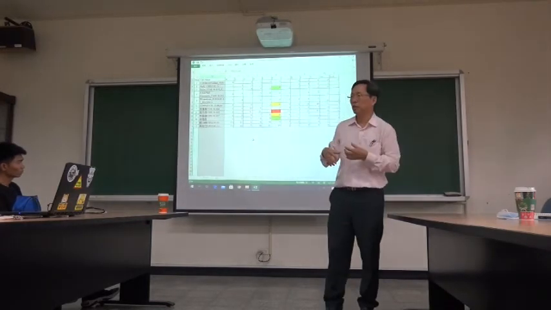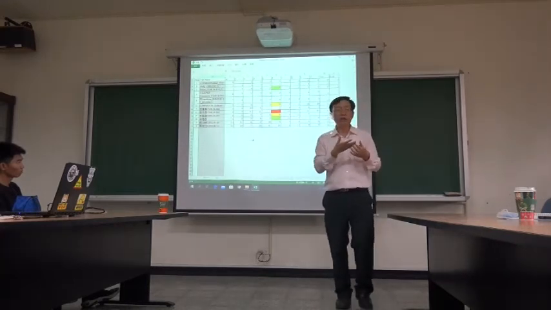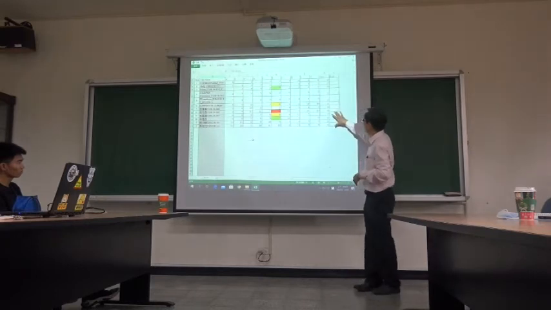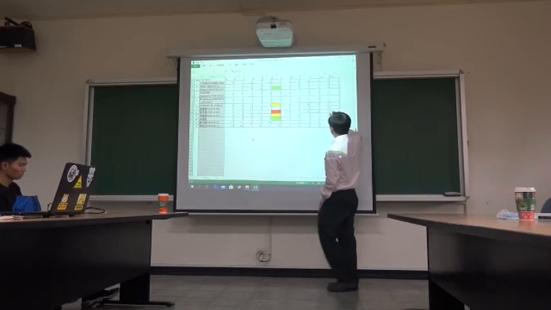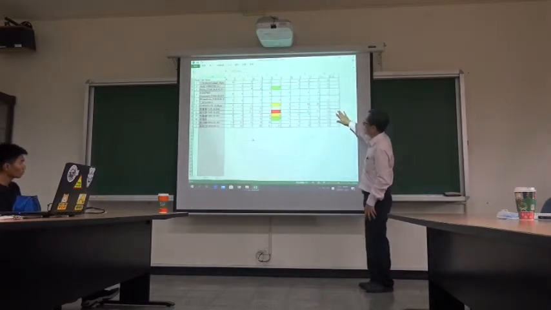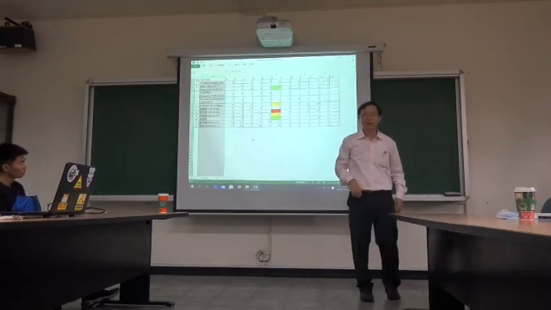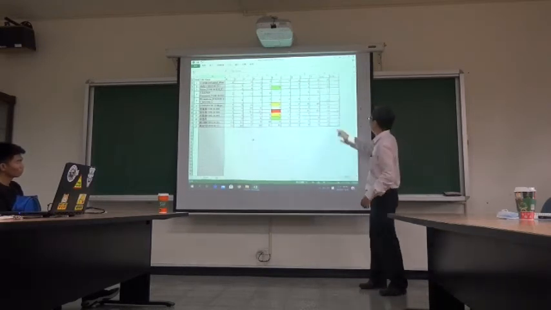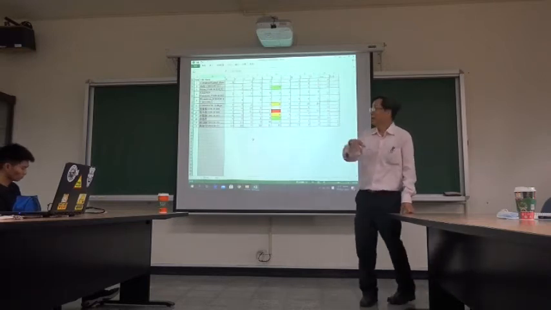Maybe it's because the English is not as good as an international student. So you can see these Chinese students' rankings are relatively low, except one guy. One guy has the best performance in the Chinese group.